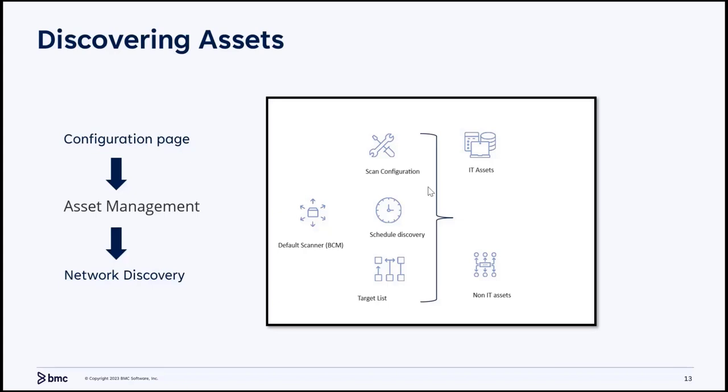To discover assets, you must select the device type that must be scanned, define the target network, and schedule the time for discovery. It is optional to provide administrative credentials to discover assets because BMC Client Management can perform an agentless discovery of assets across the network. However, to perform an agentless network discovery, it is mandatory to provide the discovery credentials.